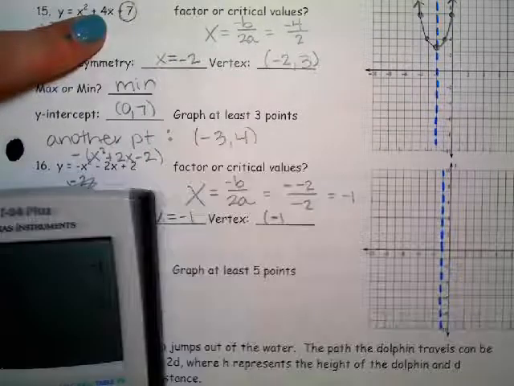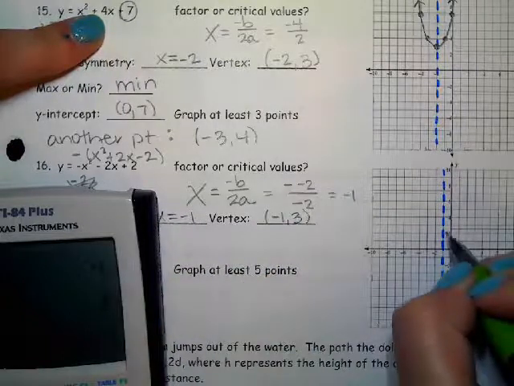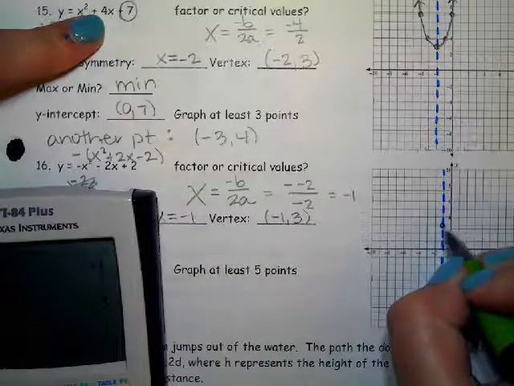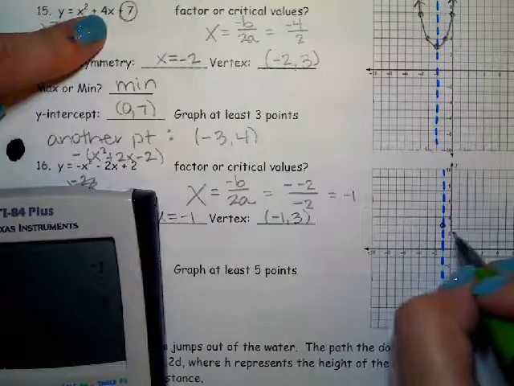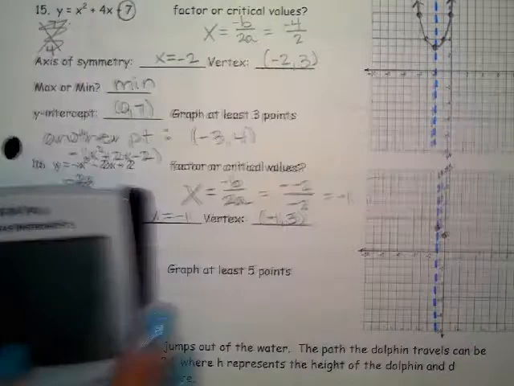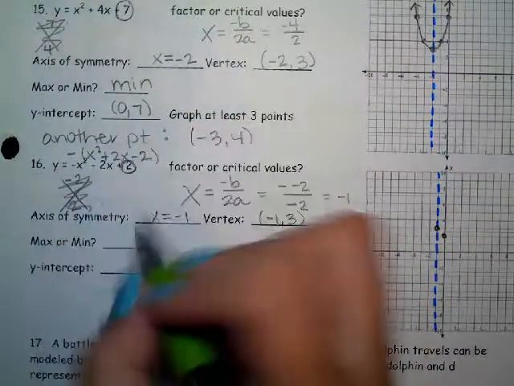What's our y-intercept? That's 2. Okay, you're just ahead of us. Okay, the y-intercept is the number on the end, which is 2. And then we can take that point, reflect it over, and get this one.